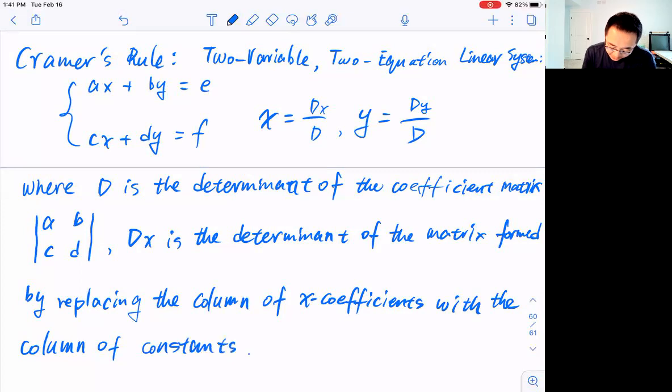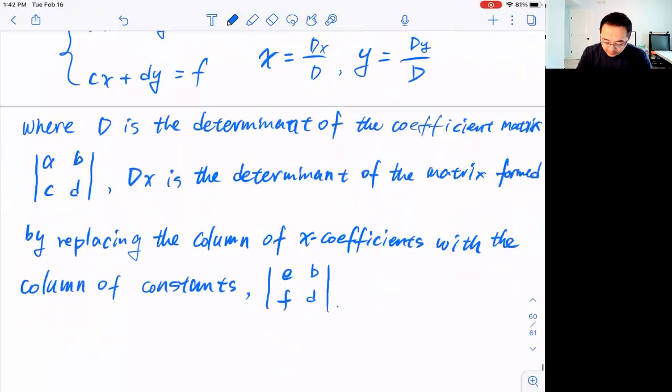So what I mean by that is it's the determinant of, okay, instead of a and c, which are coefficients right in front of x, what we're going to do is replace them with the constants of e and f right here. So the matrix dx is the determinant of the matrix e and f, because you use the constants to replace a and c, then b and d.